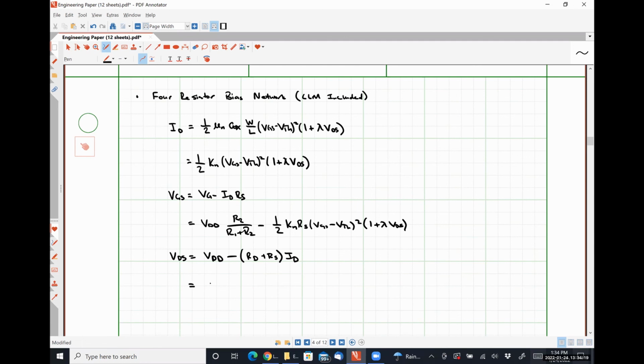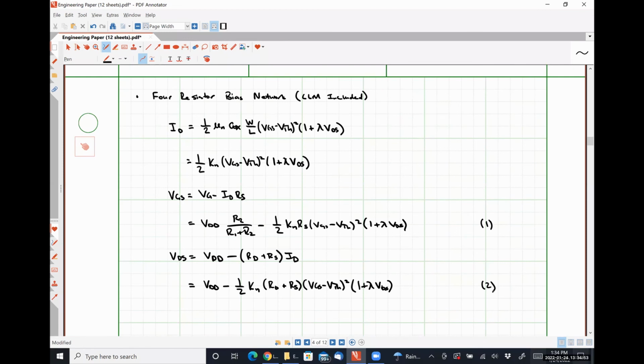So this becomes VDD minus 1/2 Kn (RD plus RS) (VGS minus VTH) squared (1 plus lambda VDS). And we now have, sorry, this should be equation 1 and equation 2. All right.